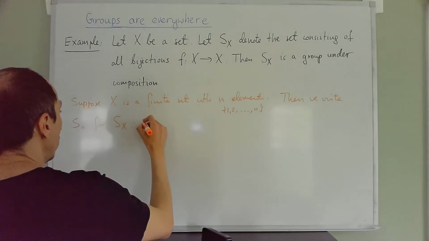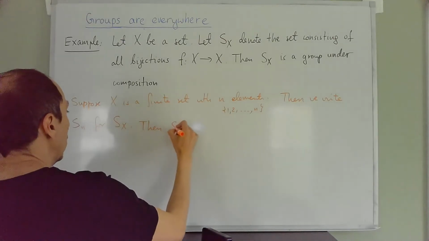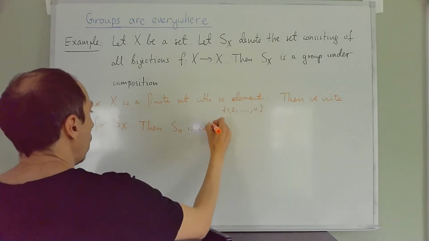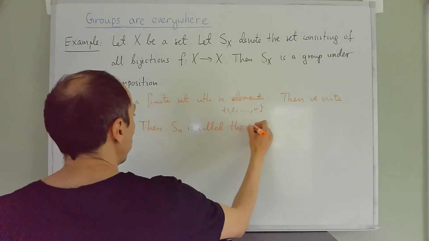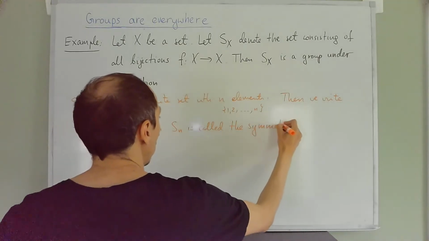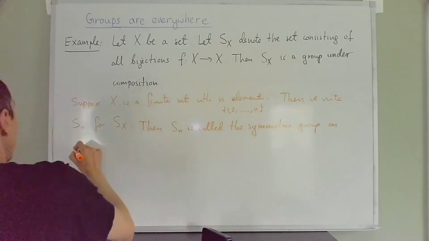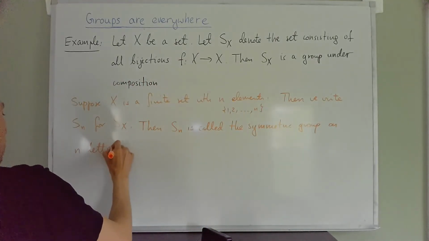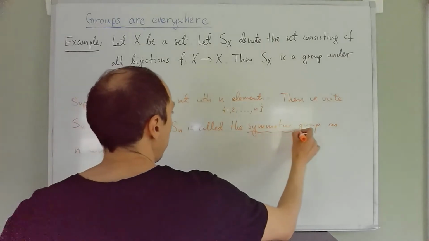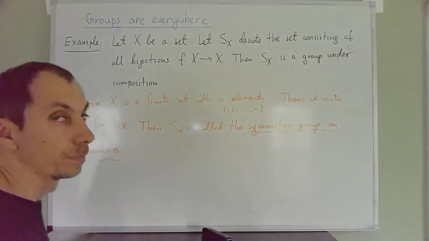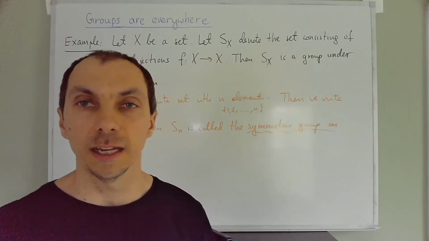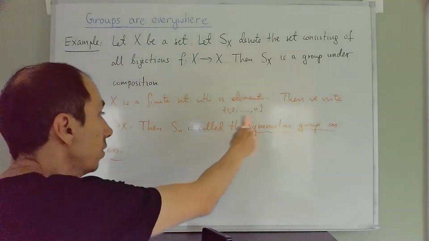Sn is called the symmetric group on n letters. You might ask, why letters? These are numbers.